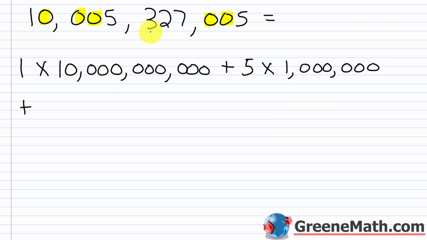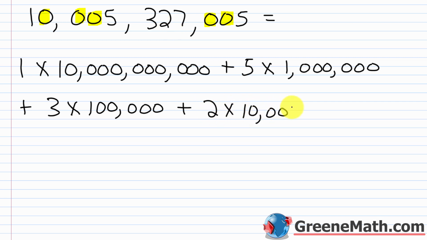Next I have a 3 in the 100,000s place. So 3 times 100,000. And plus, I have a 2 in the 10,000s place, so 2 times 10,000. Then plus, I have a 7 in the thousands place, so 7 times 1,000. Then plus, I have a 5 in the ones place, so 5 times 1.